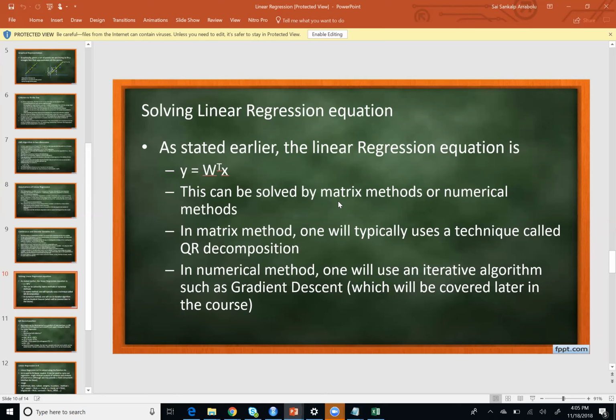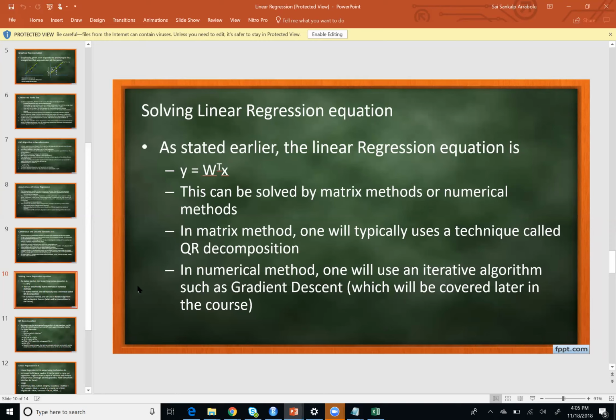This can be solved by matrix methods or numerical methods. In matrix methods, we use a technique called QR decomposition. In numerical methods, we use gradient descent. Since we have already covered gradient descent in the class on gradient descent, today I'm going to show you how to solve this using QR decomposition.